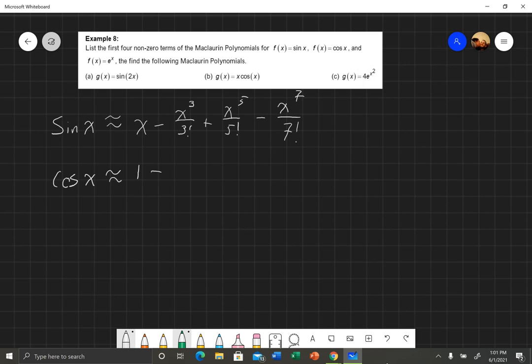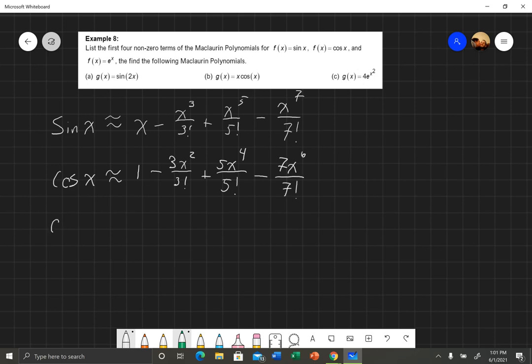So this one's going to be minus 3x squared over 3 factorial. What's the derivative of x to the 5th? 5x to the 4th over 5 factorial minus, what's the derivative of x to the 7th? 7x to the 6th over 7 factorial.